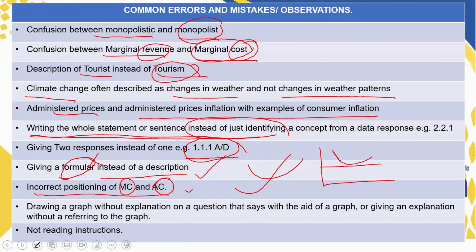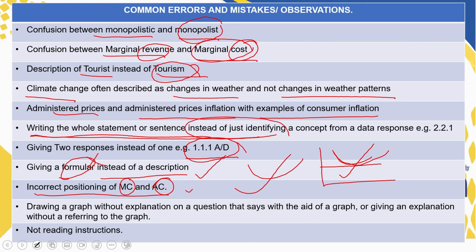There is no way you can label a normal profit because everything is tangent. So there is nowhere to label the normal profit. So please, there is no shading of the normal profit. We only shade economic profit and economic loss. It's a common thing that happens. All the curves here are tangent. There is nowhere to shade.